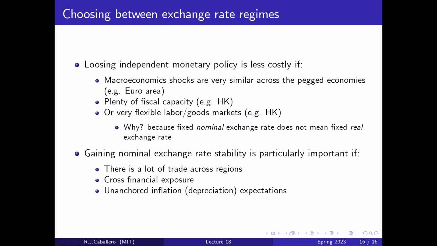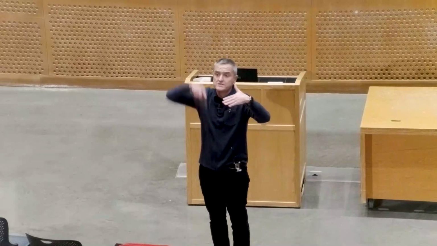The other factor, which also applies to Hong Kong, is if you have very flexible factor markets. If wages move very easily, if prices move very easily domestically, then you don't care about having a fixed nominal exchange rate, because a fixed nominal exchange rate is not the same as a fixed real exchange rate, which is what you really need to move around. If your prices are flexible, it doesn't matter that the nominal exchange rate doesn't move, because the prices are moving around.